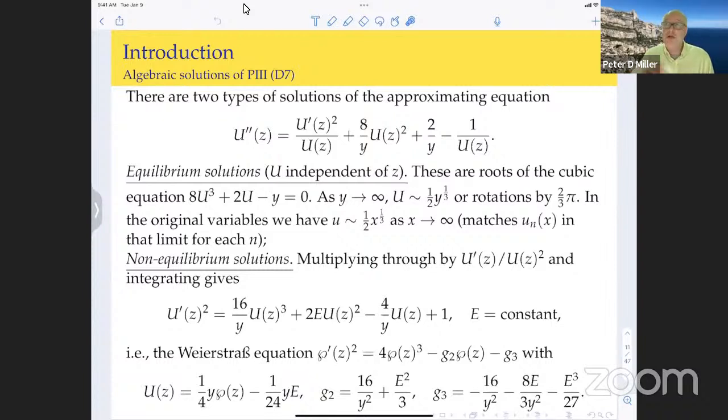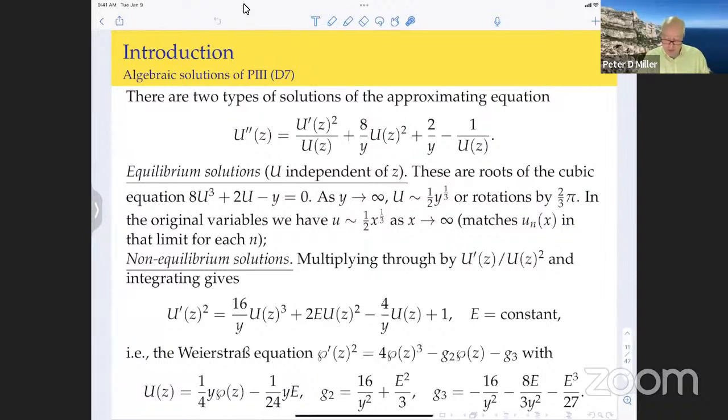And back in the original variables, when we go back to x, we have the little u is basically 1/2 times x to the 1/3 plus higher order corrections as x goes to infinity, which of course matches what we know to be true about this u_n function of x. For each fixed n, it looks like 1/2 x to the 1/3 as x goes to infinity. Anyway, so that's again some kind of formal observation, but these are the equilibrium solutions.